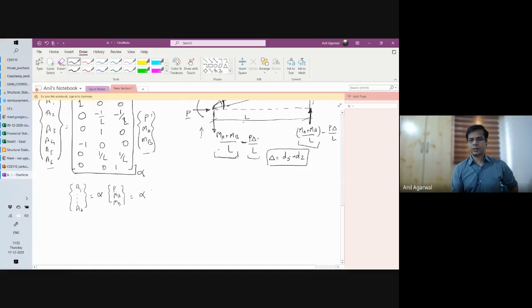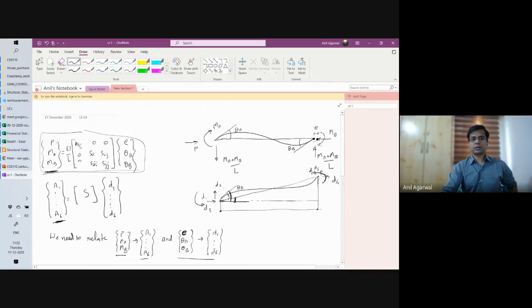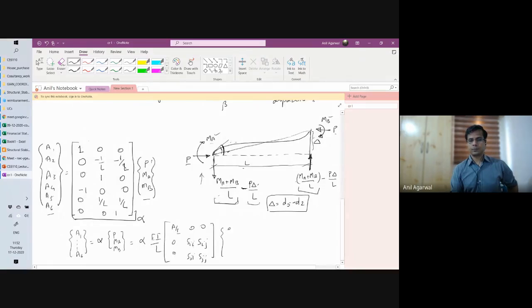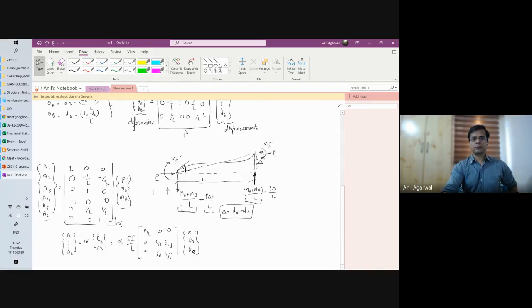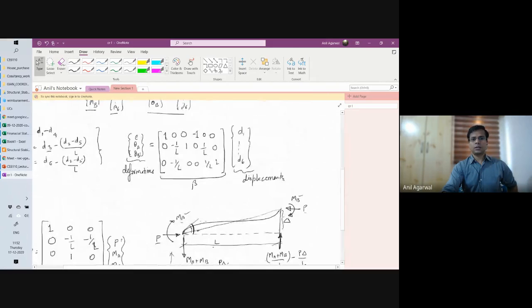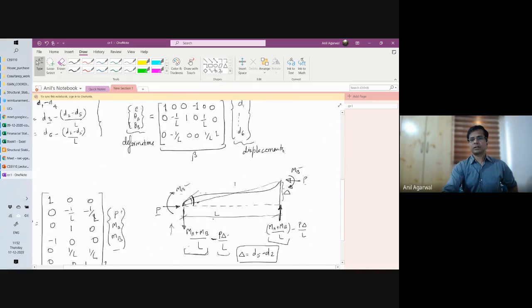Alpha matrix multiplied by EI divided by L. What was this? A by I, 0, 0, 0, 0, SII, SIJ, SJI, SJJ, multiplied by the deformation vector, E, theta A, theta B. Also, I just derived, E, theta A, theta B is equal to beta times the displacement vector, right?